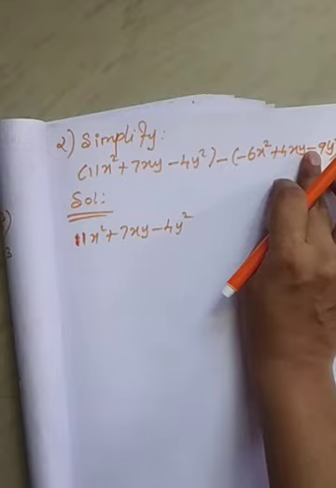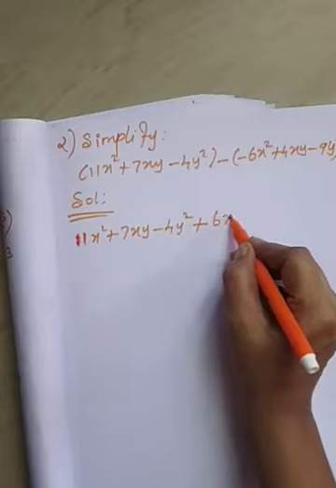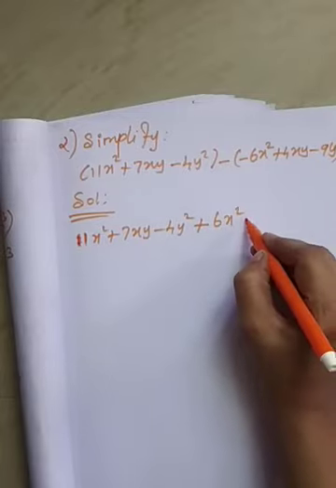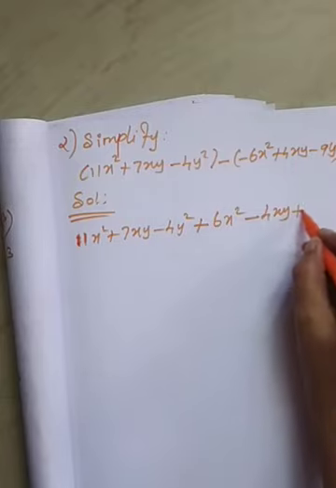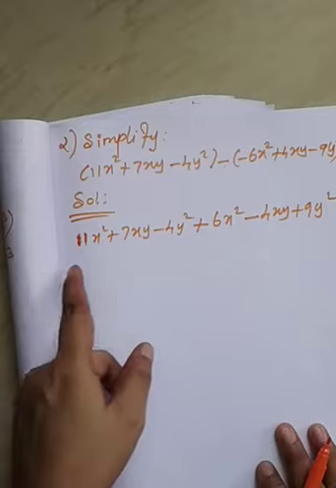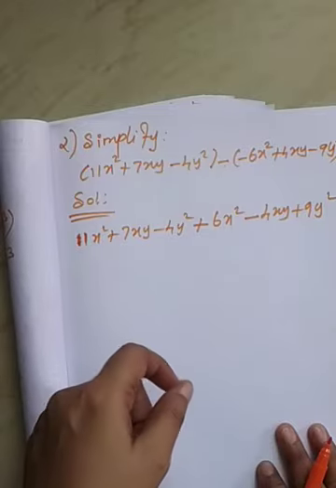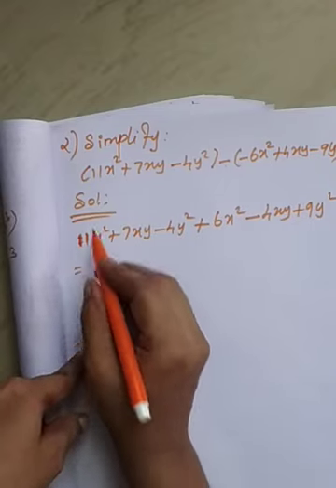Okay, after that you have to multiply in this minus in this bracket. So what will you get? See, minus into minus plus 6x squared, minus into plus minus 4xy, minus into minus plus 9y squared. First of all you have to write in this step. After that you have to arrange the terms. What is that?